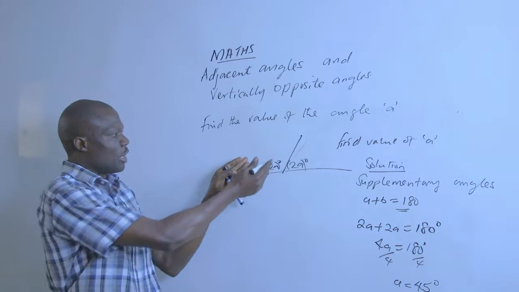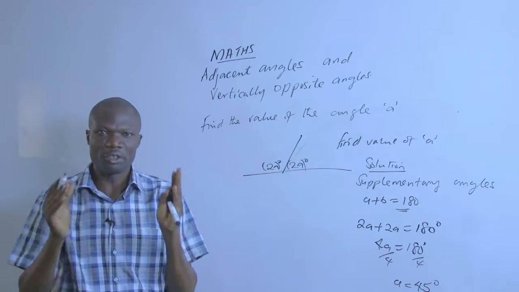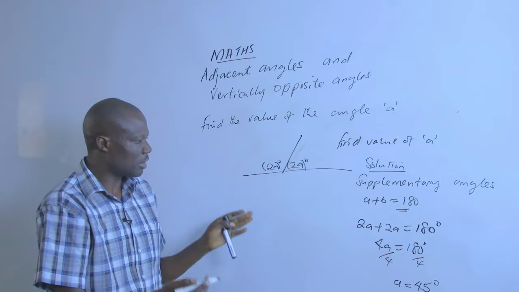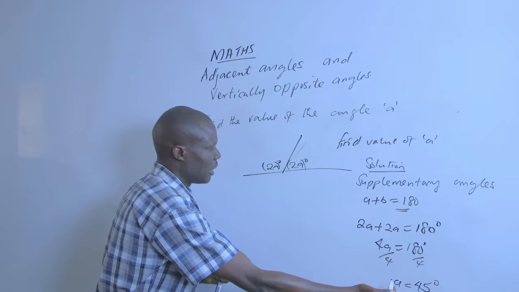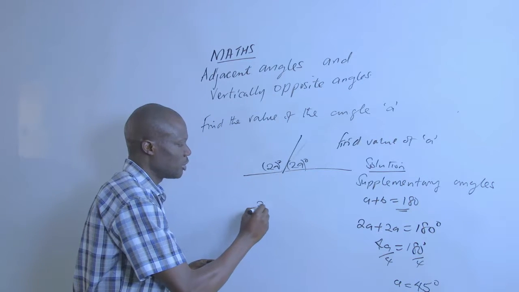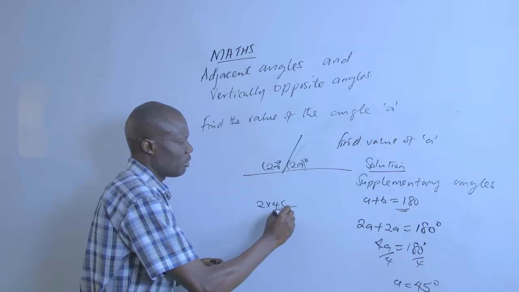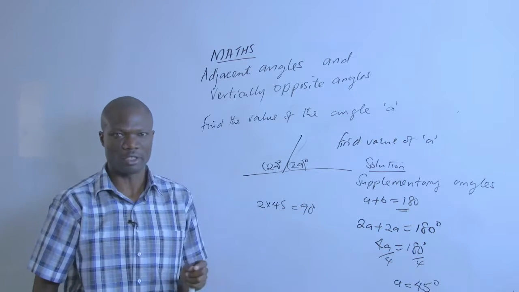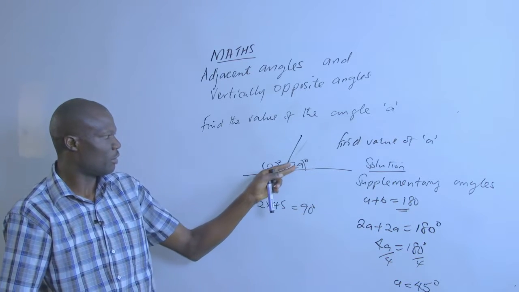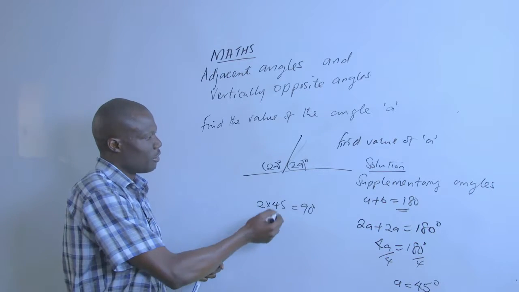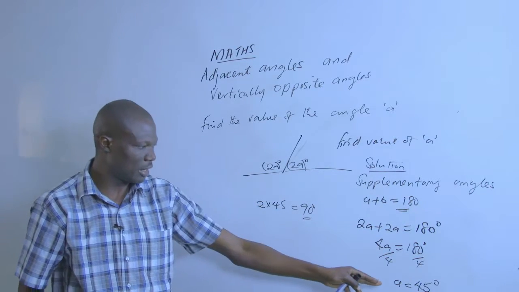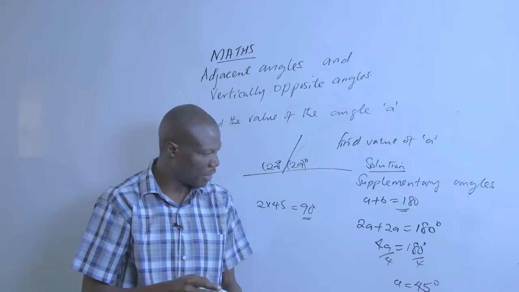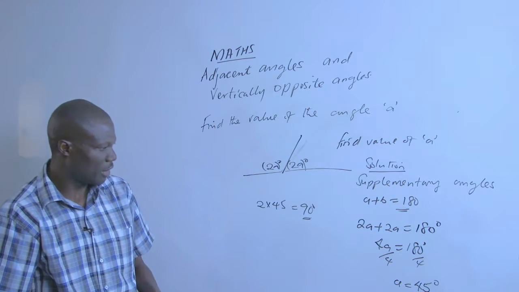Therefore, for the side where we have 2A, if A is 45 degrees, then 2A means 2 times 45, which is 90 degrees. And we have 2A on this other side, which implies both sides have 90 degrees, given that A is equivalent to 45 degrees.